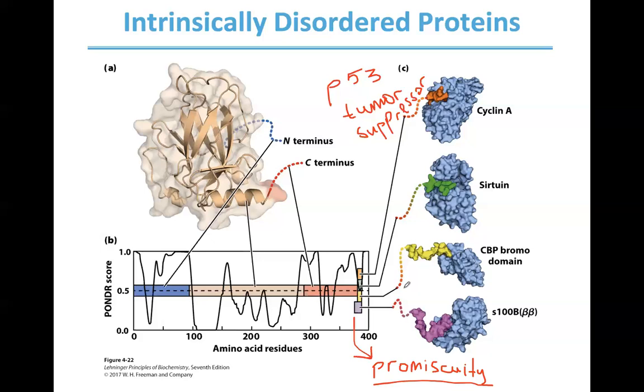So both of the examples we have are tumor suppressors. Is that pretty common, or is that just a coincidence that we covered these two? I would say it's coincidence. For intrinsically disordered proteins, there are many different functions. In cancer cells, I would say maybe half coincidence, because cancer cells like change, right?